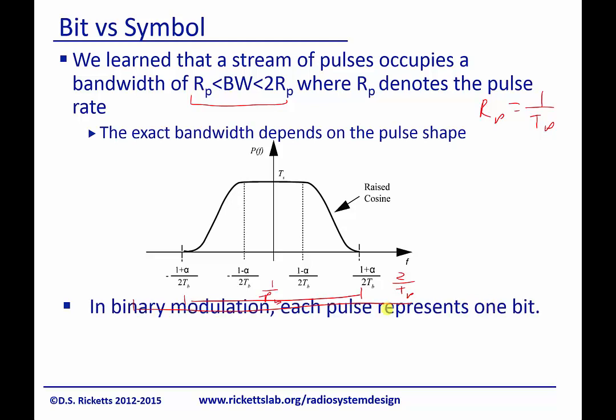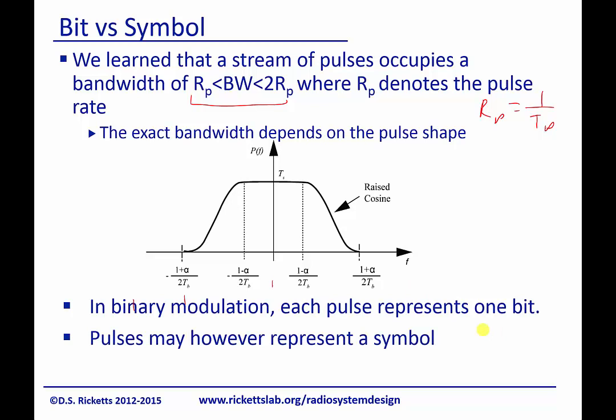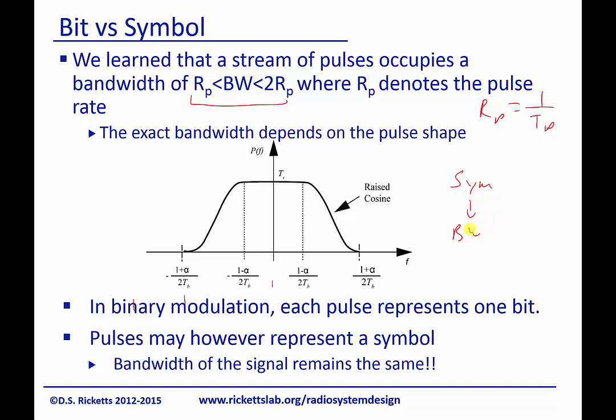In binary modulation, each pulse represents a bit. However, as we talked about before, pulses can also represent a symbol. And this is important because each pulse has a fixed bandwidth. We go back to this idea that I have my symbol, and it has a fixed bandwidth, but the number of bits that the symbol can transmit depends upon my modulation.